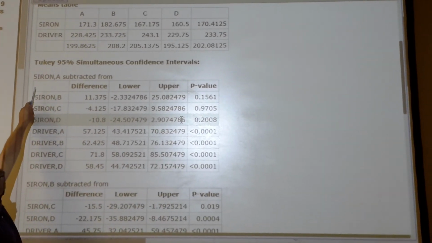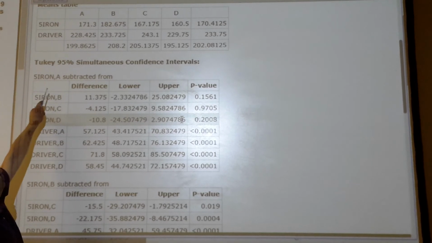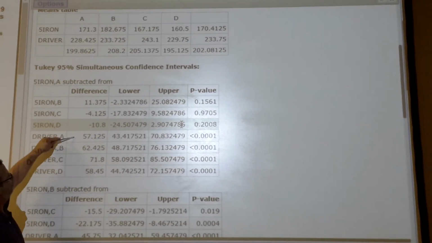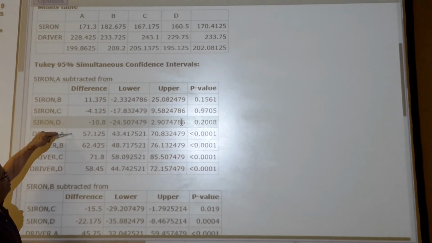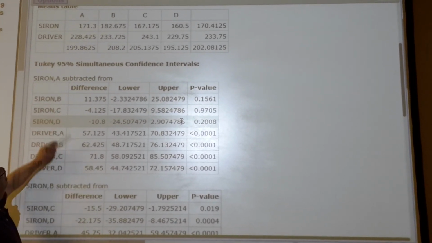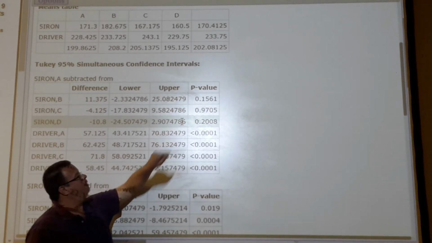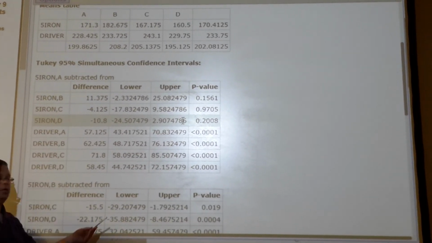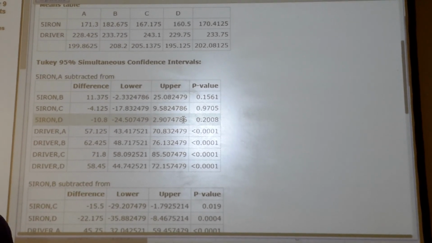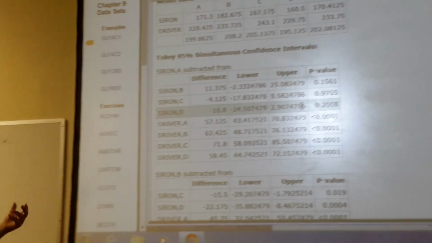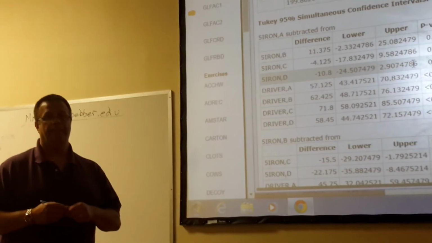So for example, in our table comparing the 5-iron hit with brand A, there was a significant difference between the driver hit with all of the different clubs, not a significant difference between the 5-iron hit with any of the other brands. So you can just go through and look at those p-values for the Tukey's tests. Wherever it's less than 0.05, you have a significant difference there.